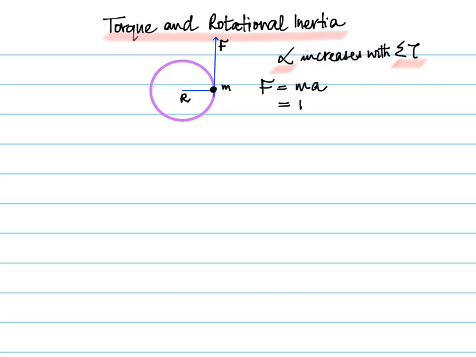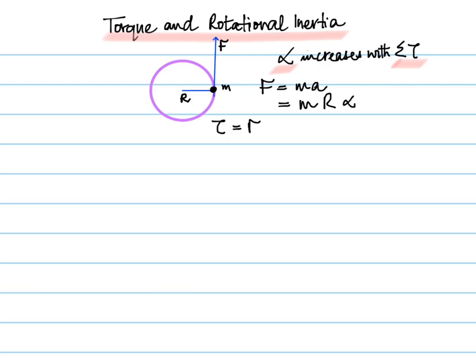F is m times a. That is m times r alpha, because a is r times alpha. Isn't velocity r times omega? Don't tell me that you never saw it. Velocity is r times omega.